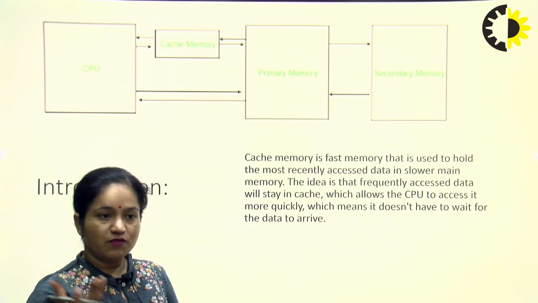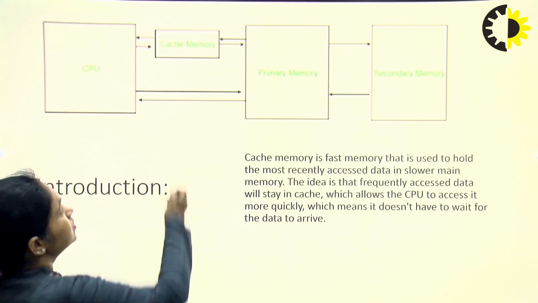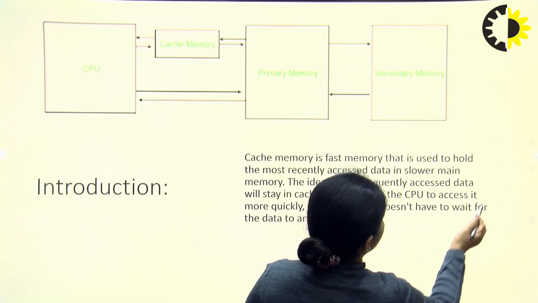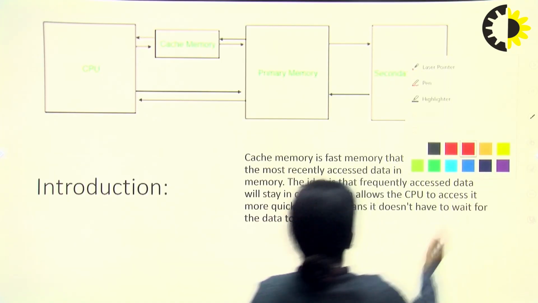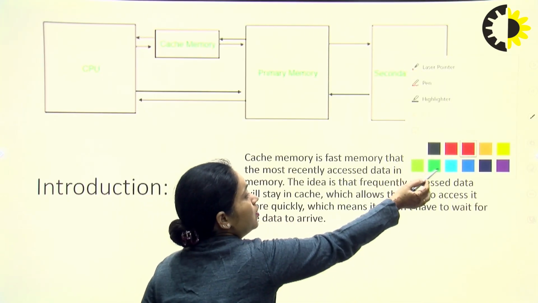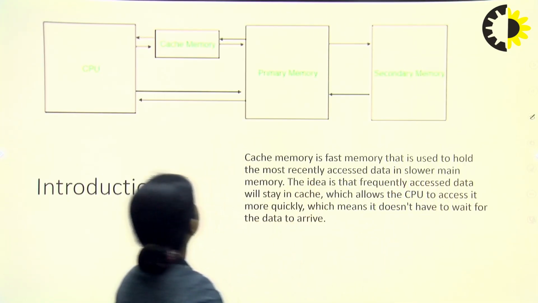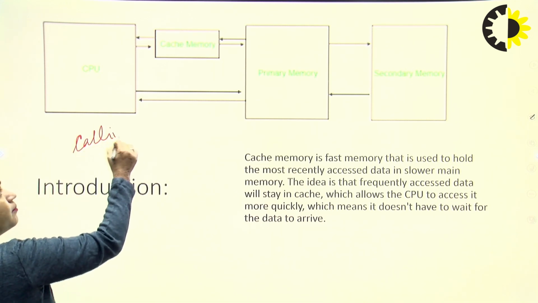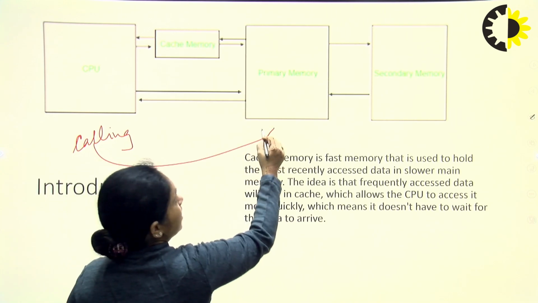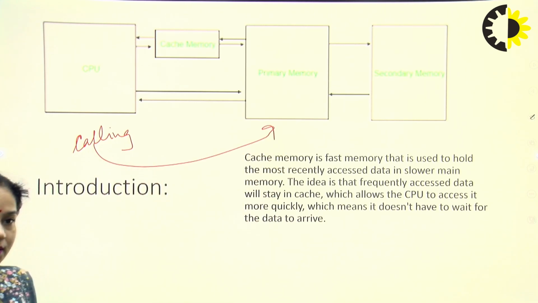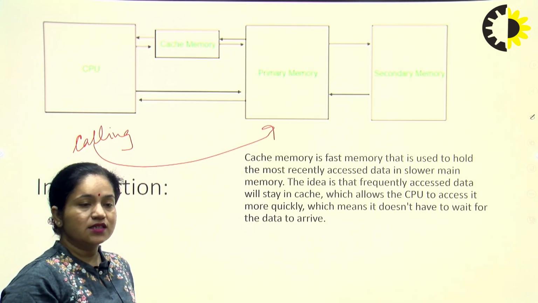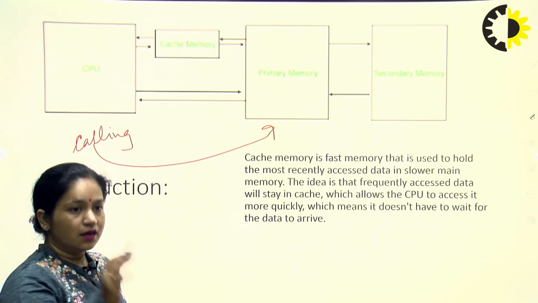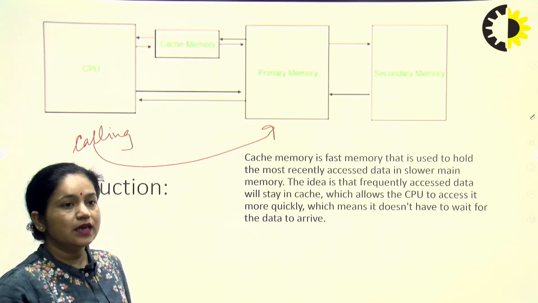If we have main memory, then whenever the CPU wants to access data that is residing in primary memory or secondary memory, as we know, if we want to access something from the secondary memory, first it will come to the main memory and then it will go to the CPU.